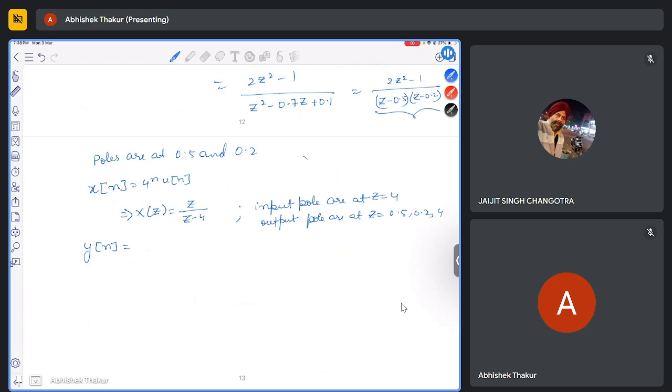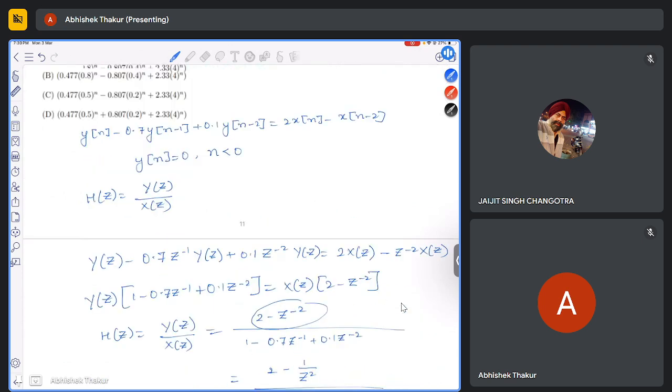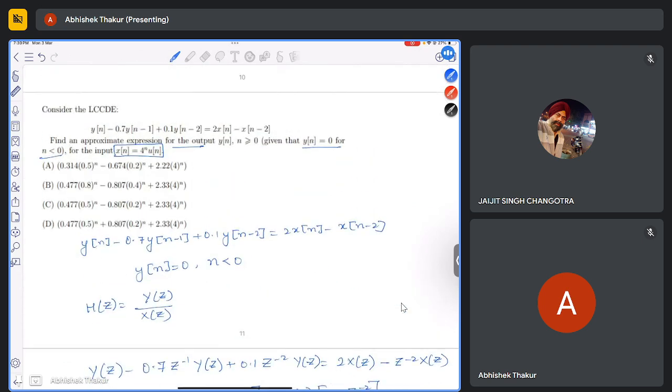So basically we know that Y of z is equal to H of z into X of z. So all the poles of H of z and all the poles of X of z will be the poles for the output. So what is the value of y of n? y of n will be a times 4 to the power of n plus b times 0.5 to the power of n plus c times 0.2 to the power of n. All the poles we took there. So now just substitute this value of y in this equation.